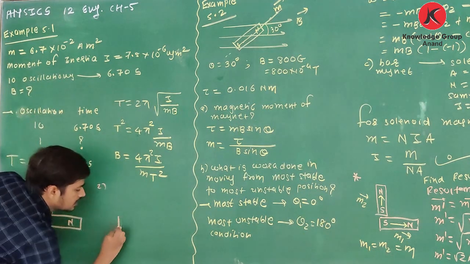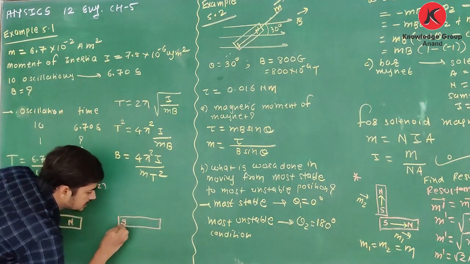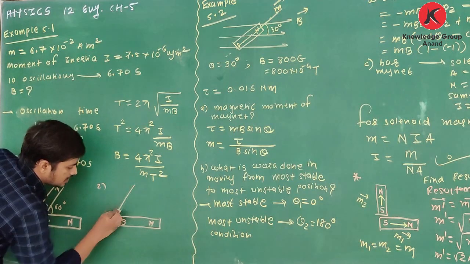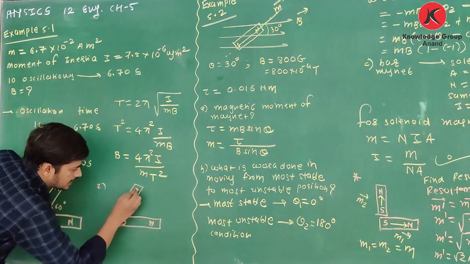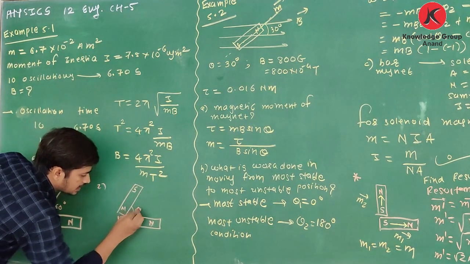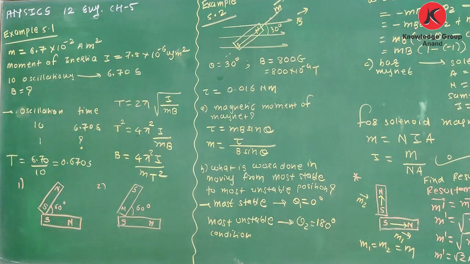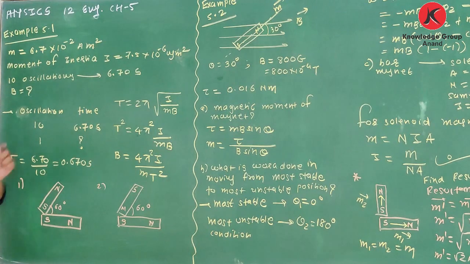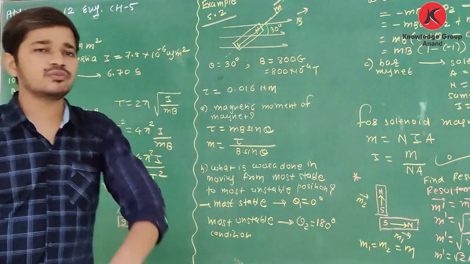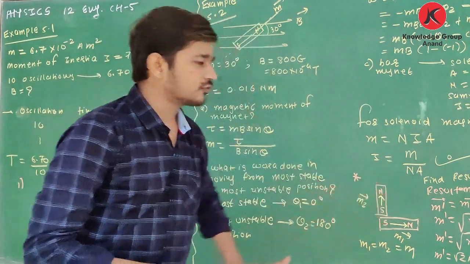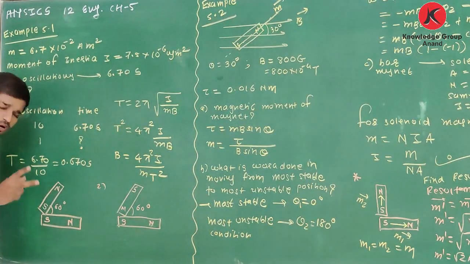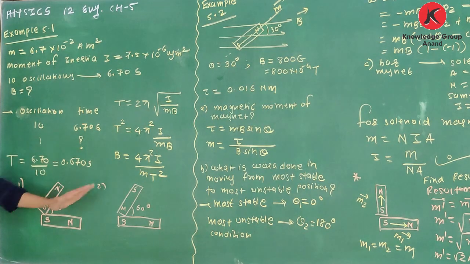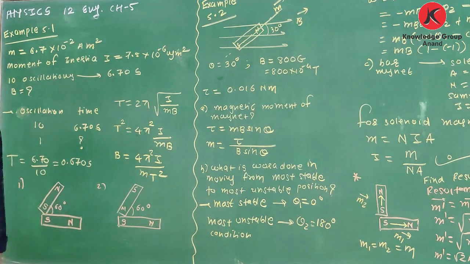In the second case, it is N, it is N, it is S, and it is N, and this angle is 60 degrees. Clear about this? In these two cases, you have to find the equivalent magnetic moment. You will have to use the law of parallelogram, but identify the direction and solve these two questions.